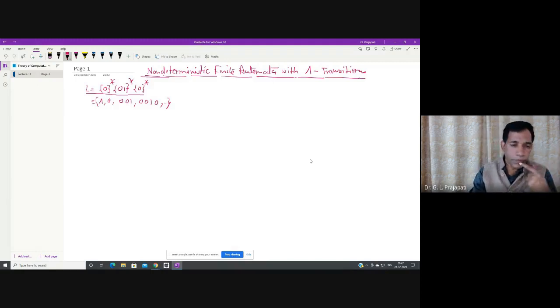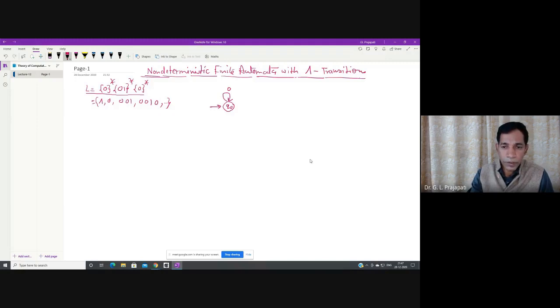So see, one way to construct the machine is like this. Say we have Q0, and 0 clean star means you can repeat the 0 any number of times, maybe 1 time, 2 times, or any number of times.